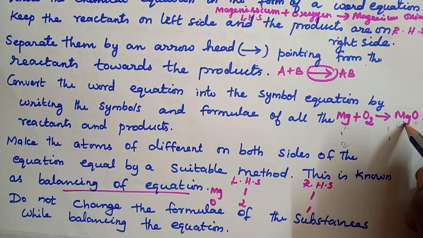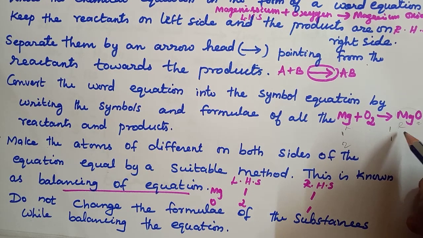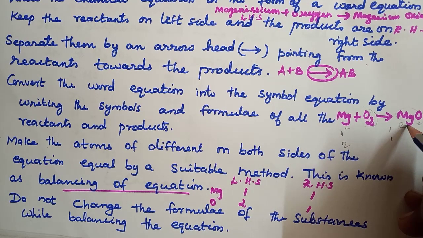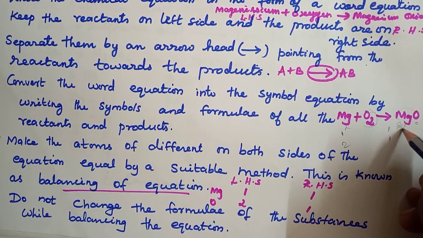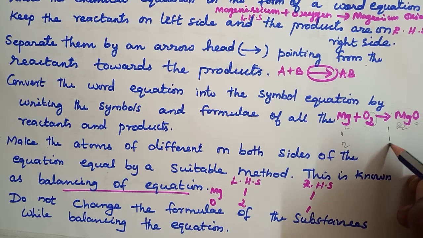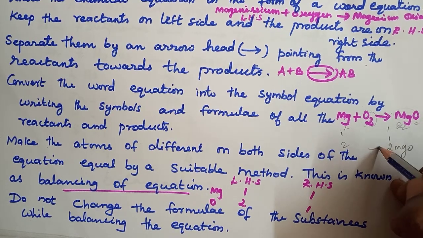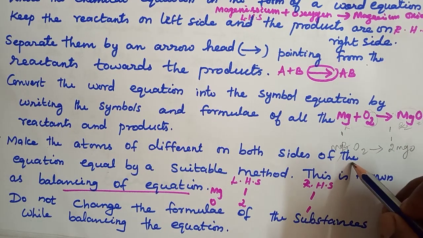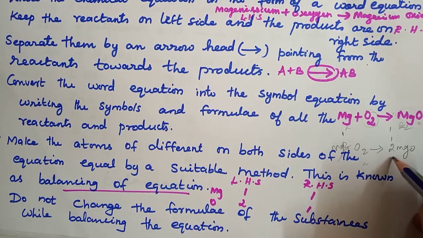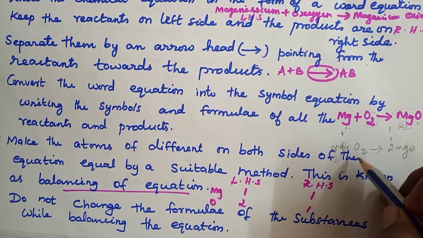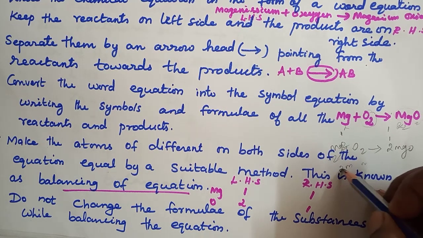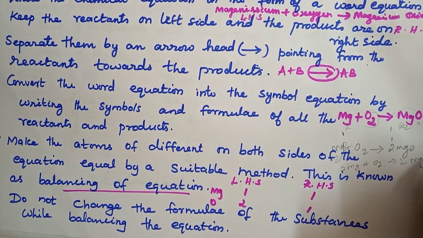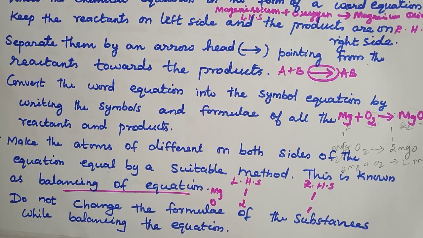For that what can we do? We can multiply with 2 because here we have 2 oxygen. So what happened here? 2 MgO. O2 plus Mg. Now we have to see that here Mg is 1, here Mg is 2. Again we have to multiply with 2. Then what we'll get: 2 Mg plus O2 gives 2 MgO. This is a balanced equation.